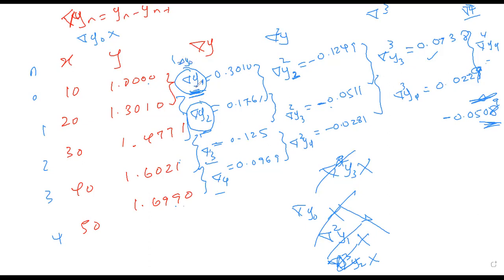Here we put nabla y1. So that's the thing you have to be careful. Okay. Other things are same like the forward table. Did you get what I mean? So in this only you have to be careful. Other things are same like the forward table.